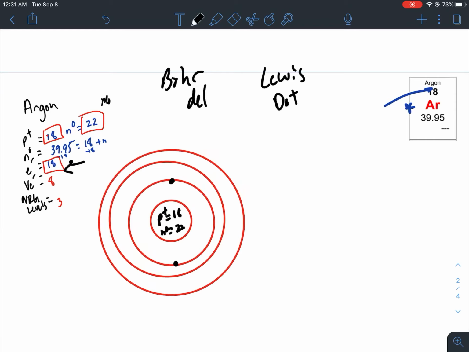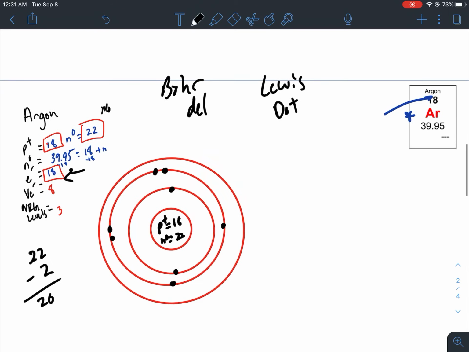So we draw that, 1, 2. Then we go back and start to fill the next level, which can hold up to 8.